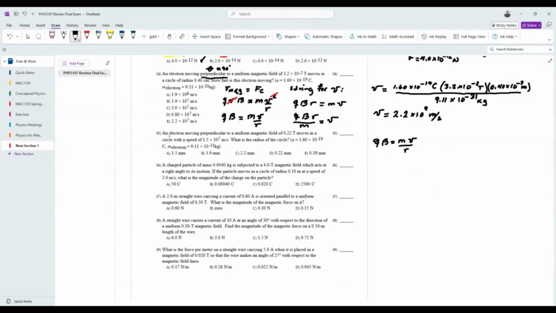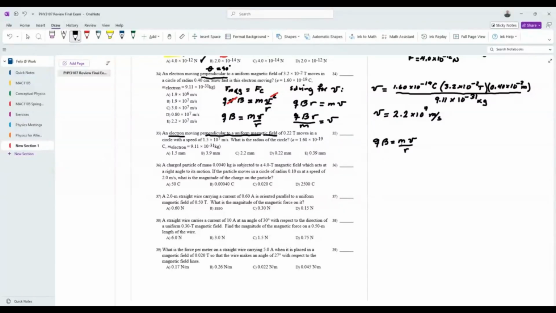Because again, we have this electron moving perpendicular to a uniform magnetic field. So again, it's moving in a circular path because the electron enters with velocity perpendicular to the field into a region with a magnetic field. So the electron will be moving in a circular path, right? And then we want to find the radius of that circular path.